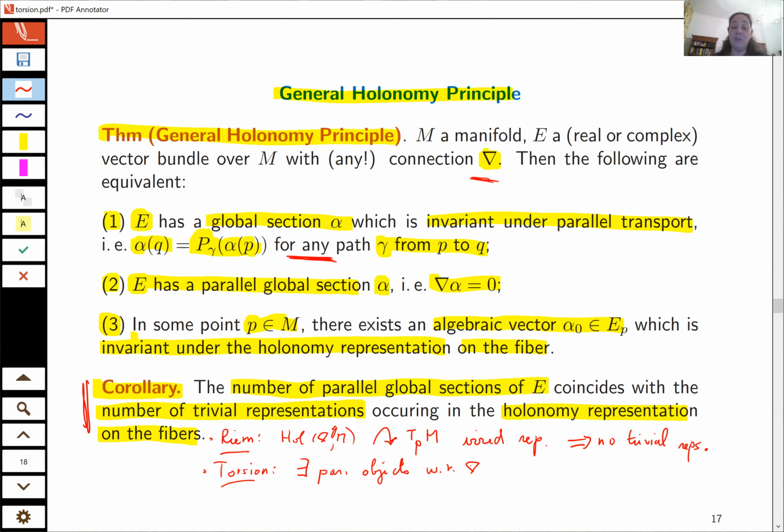So this is not a theorem. There does not always exist a parallel object. Just saying that the typical situation will be that there are parallel objects with respect to the connection nabla. And so these parallel objects with respect to this connection nabla, they describe the geometry.